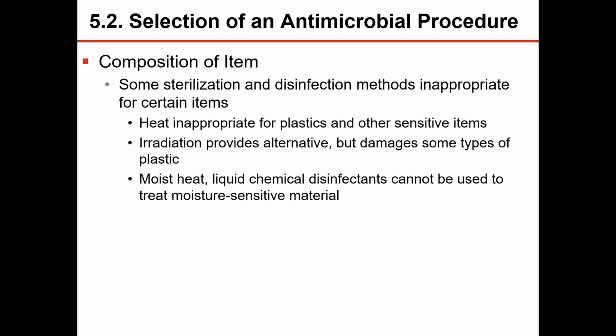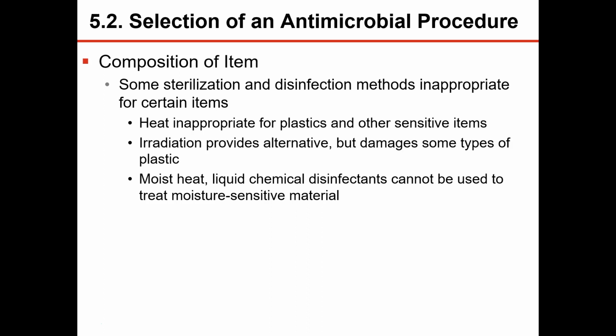Composition, as we talked about before, is going to play a big role in which cleaning and antimicrobial procedure we can use. So heat, of course, would be inappropriate for plastics. Surprisingly, a lot of our laboratory equipment is made of plastic, and so it takes a whole different level to clean. We can't use heat with that because it would melt. Irradiation is good.